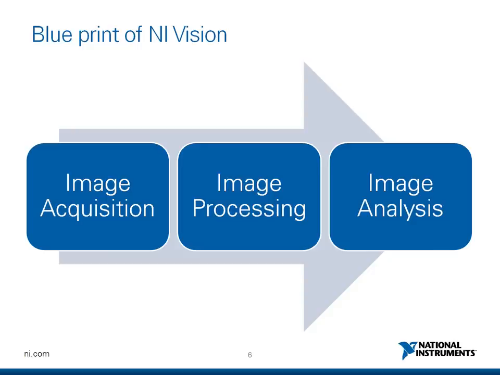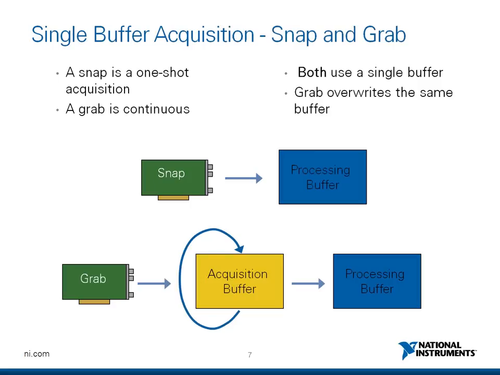The image analysis that we do is to analyze the parameters of the image in order to feed them into machine vision, into motion control, and different specs. So these are the three main steps that you need to follow while you are working in NI Vision: image acquisition, image processing, and image analysis.